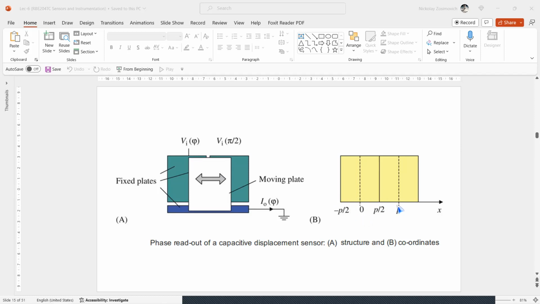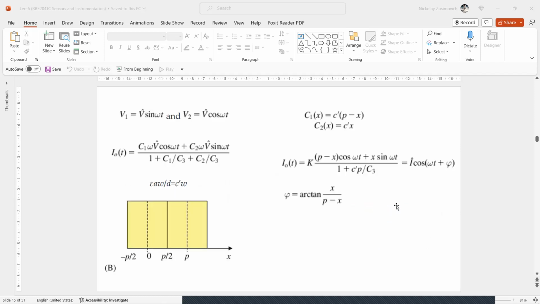Okay? The center of the moving plate runs from x equals 0 to x equals p, sorry. For simplicity, all plates have equal widths p. And suppose now the input voltages are like this first equation, very simple: V1 equals V times sine omega t, and V2 equals V times cosine omega t.